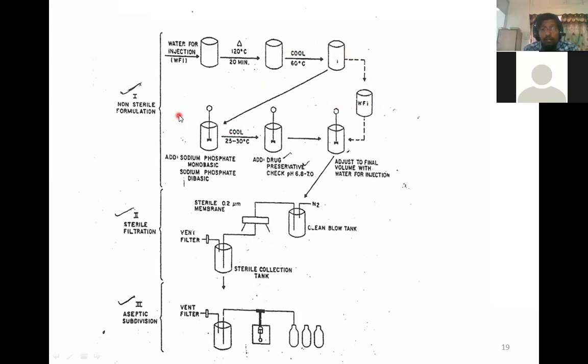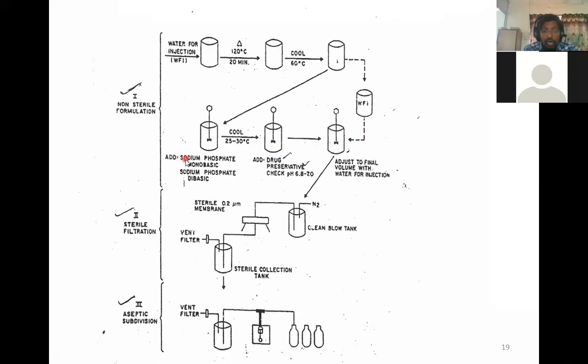Students, I hope you are getting. Please check it down. What's happening? You're taking water for injection, then you are heating it at 120 degrees centigrade for 20 minutes, then you are letting it cool down. So after cooling it, that is bringing it below 60 degrees centigrade, you divide it into two parts. One part is used after formulation, after mixing, to make up the volume.